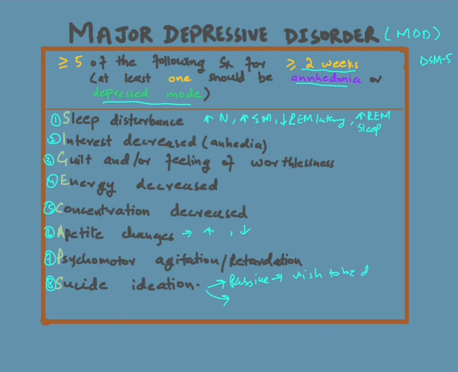Active is when the patient is actually thinking about killing himself. So it can be active or passive. And the ninth one is depressed mood. So out of these 9, we need 5 to make the diagnosis, and they should be present for at least 2 weeks.